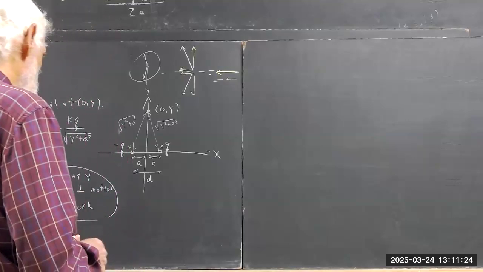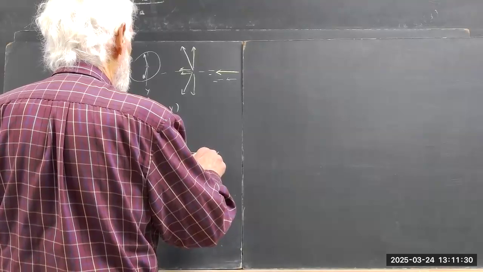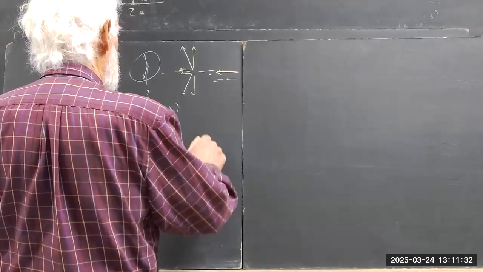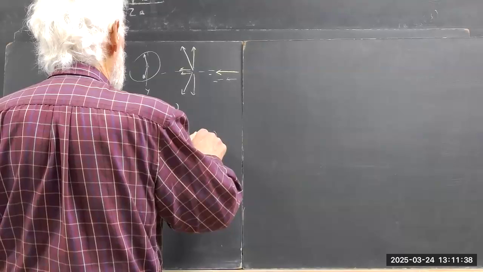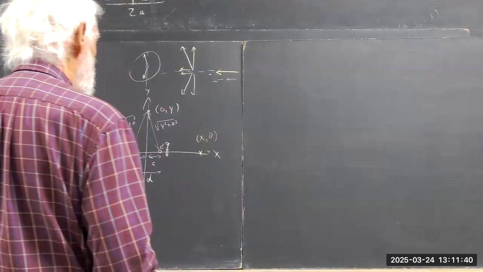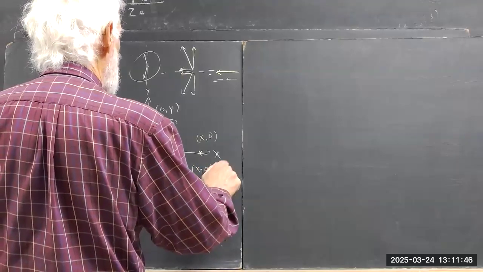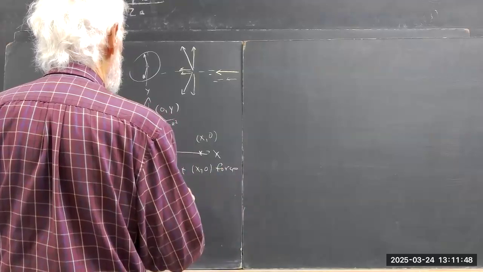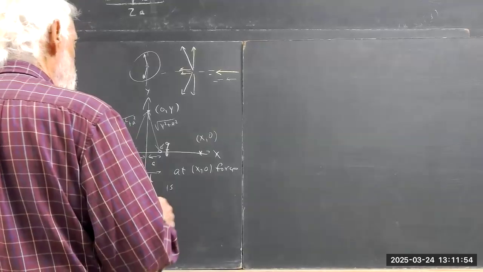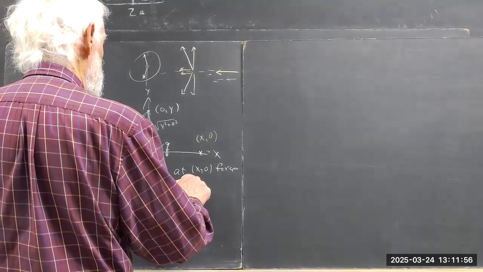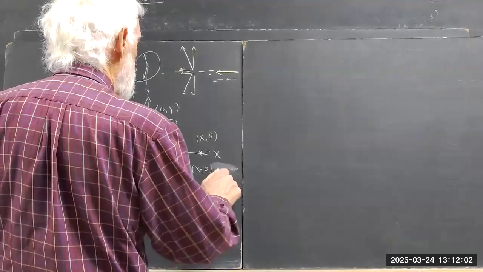So at a point on the x-axis, this point will be zero. Zero, the force is where the potential is.